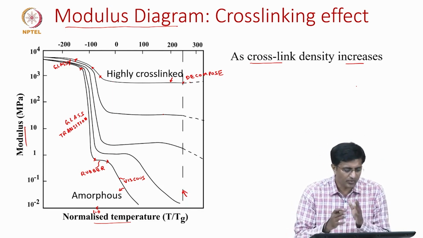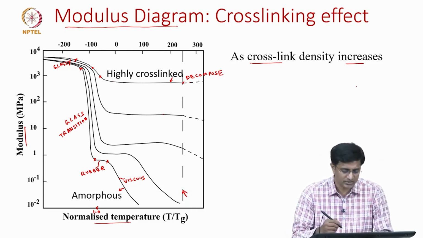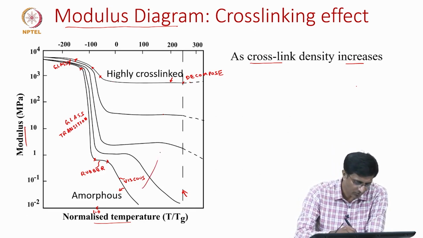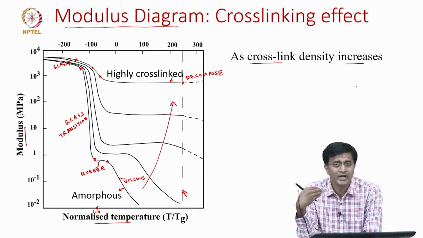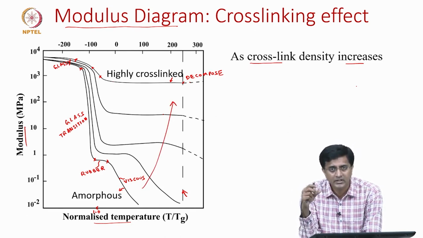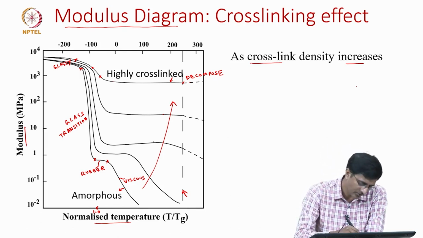So, one example of looking at this cross linking is vulcanization. What is vulcanization? When we add sulfur to natural rubber, the strength or the stiffness of the rubber increases. This process of adding is called vulcanization.